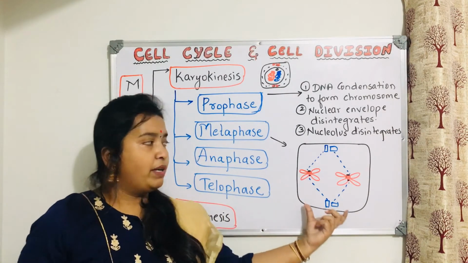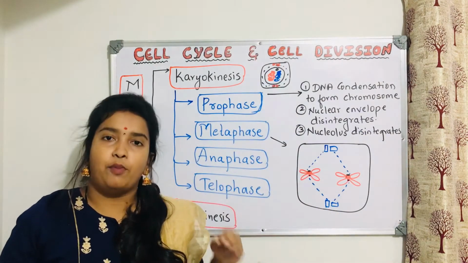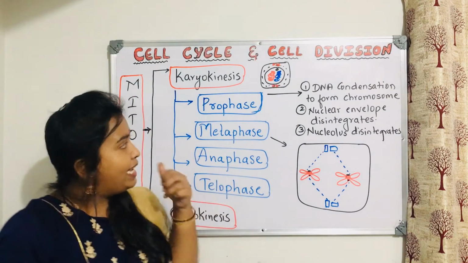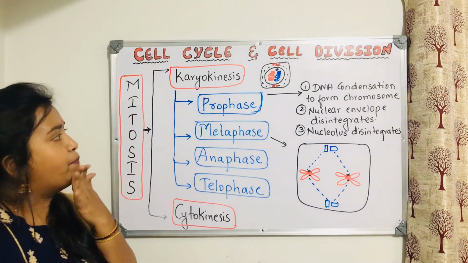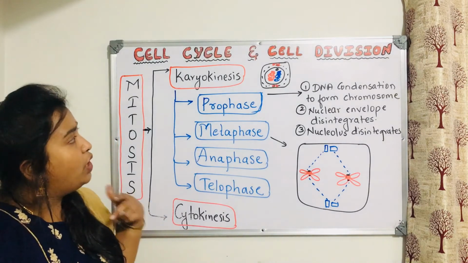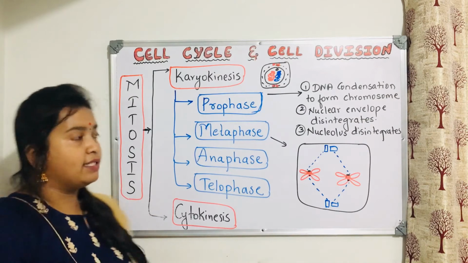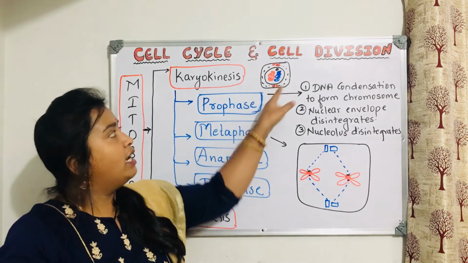So once you remember this diagram and this diagram, you can easily write down all the points of prophase. Now, anything else you are able to see here? Yes, DNA condensation is done, the nuclear envelope disintegrates, the nucleolus also disintegrates. Okay, and then what you can see is the difference here and here.